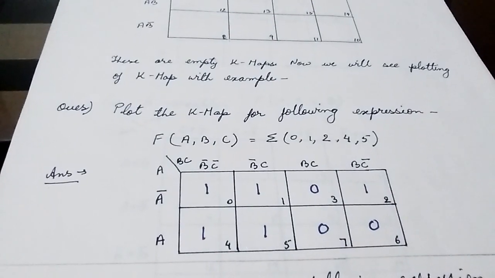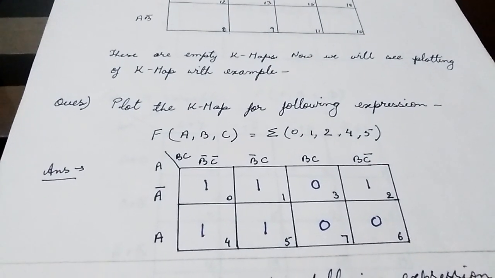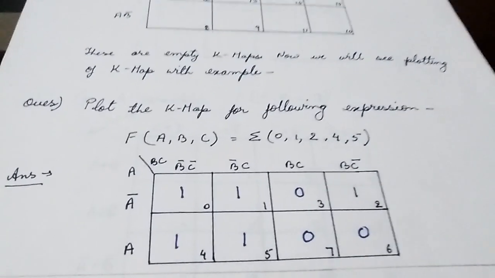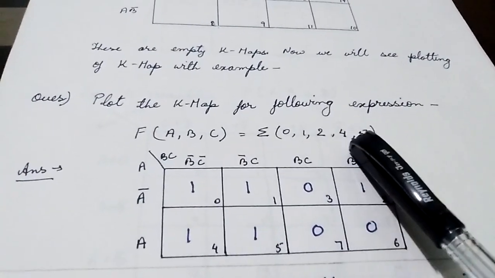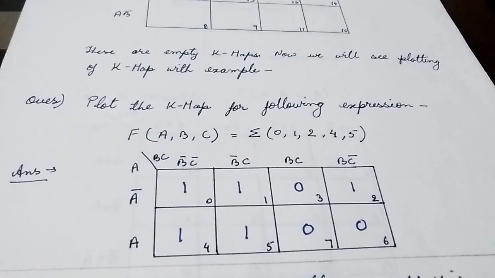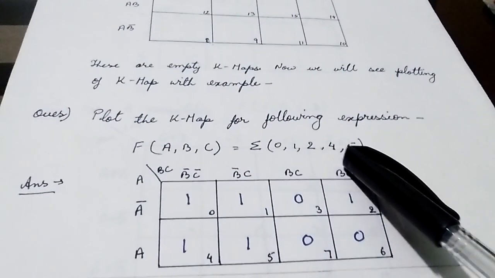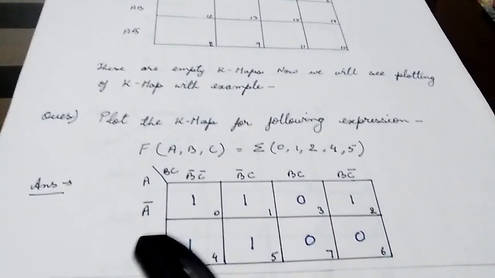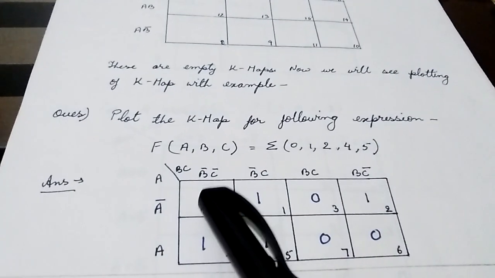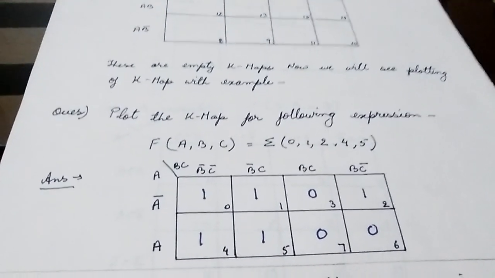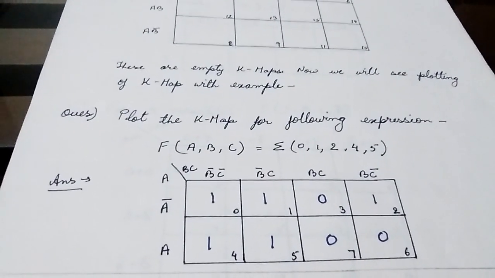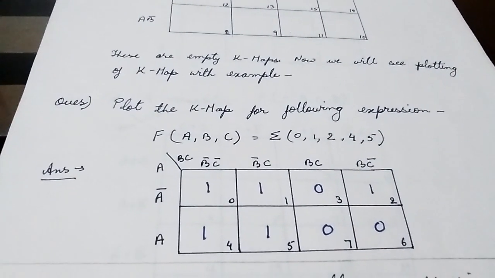So we will plot a Karnaugh map for 3 variables, and wherever the designation value is given in the question, in the canonical form of an expression, in all those places we put 1, 1, 1, 1, 1. And in the remaining cells we put zeros.